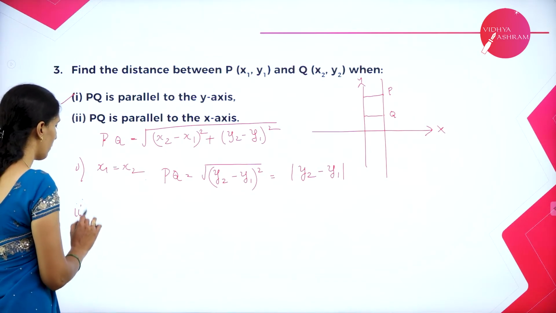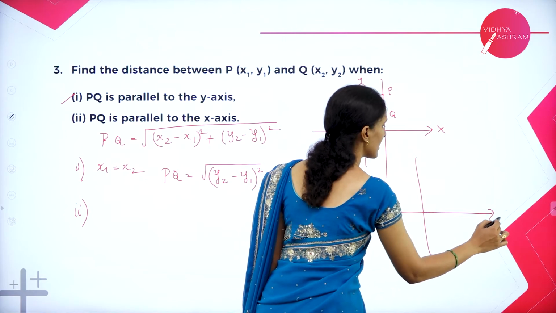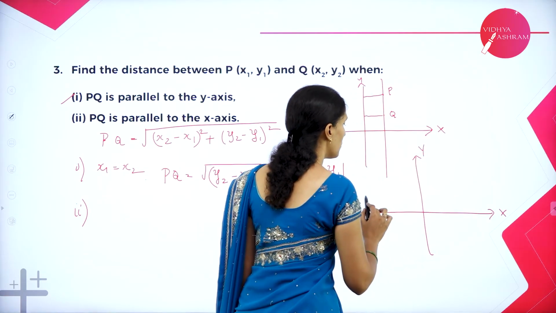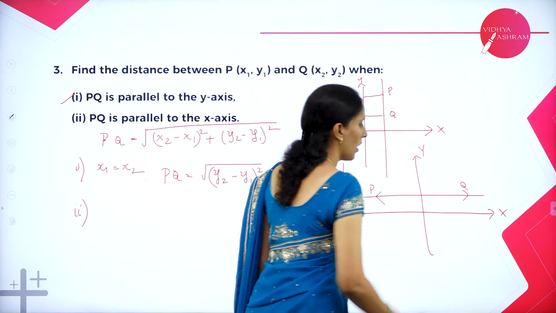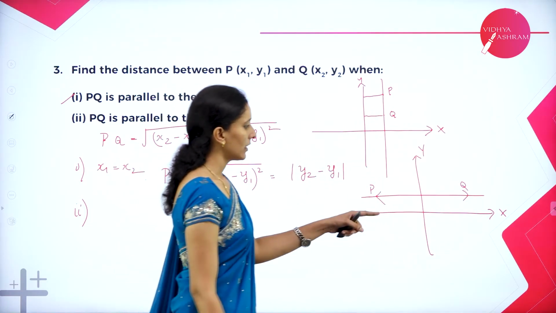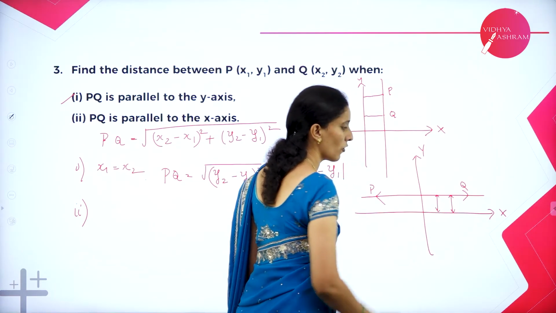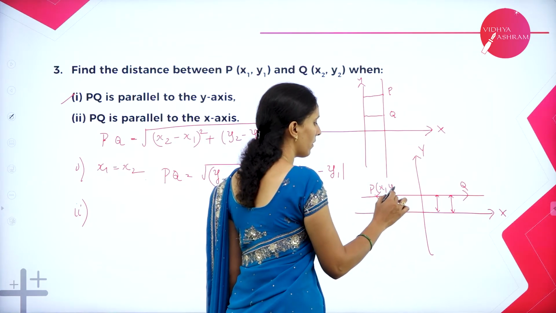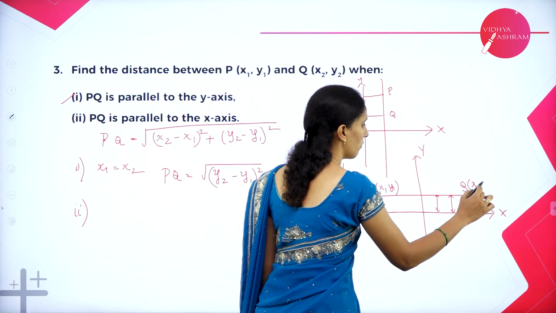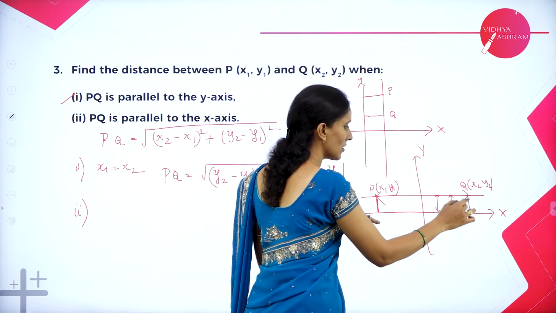Similarly, for the second one, again I will consider the same coordinates, the x-axis and y-axis. Suppose PQ is a line parallel to the x-axis. Then what is this distance? That is the distance of y for both the points. So this is your x1, y1 and this is your x2, y2. The distance from here to here is the same as the distance from here to here.